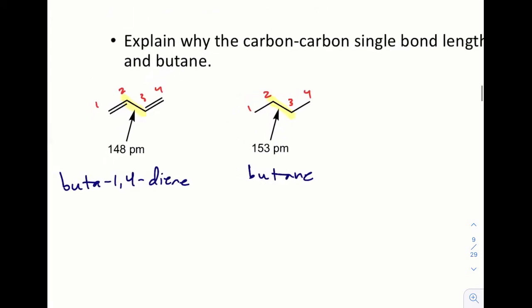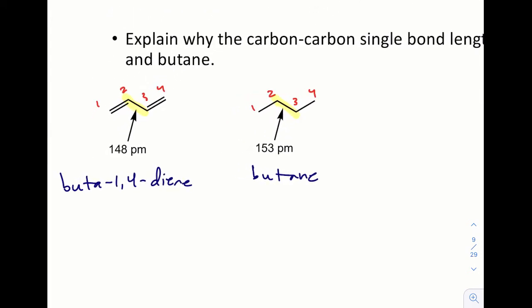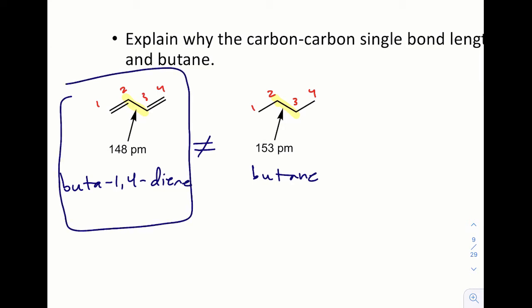However, if we take a closer inspection, and we either model these molecules with quantum mechanics or measure the bond lengths in some other way, we would find that the carbon 2,3 bond lengths are not the same for these two molecules. In fact, the carbon-carbon single bond between carbons 2 and 3 is quite significantly shorter for buta-1,4-diene than it is for butane.